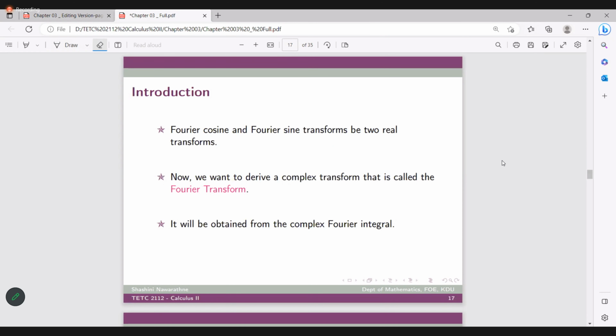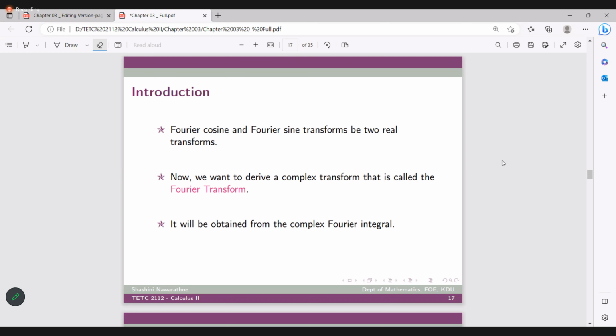So we need to use those theories for this, because we have discussed two transformation methods, Fourier cosine and sine transforms. In both of these transform techniques, we use only real numbers. So we can call these Fourier cosine and sine transforms real transforms. Now we are going to discuss something complex.